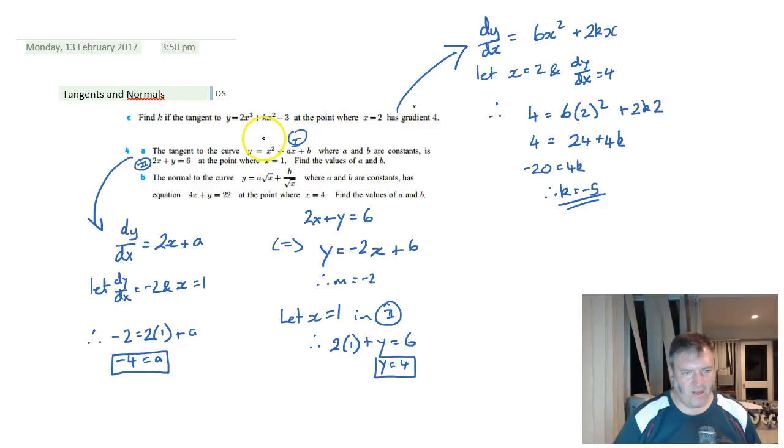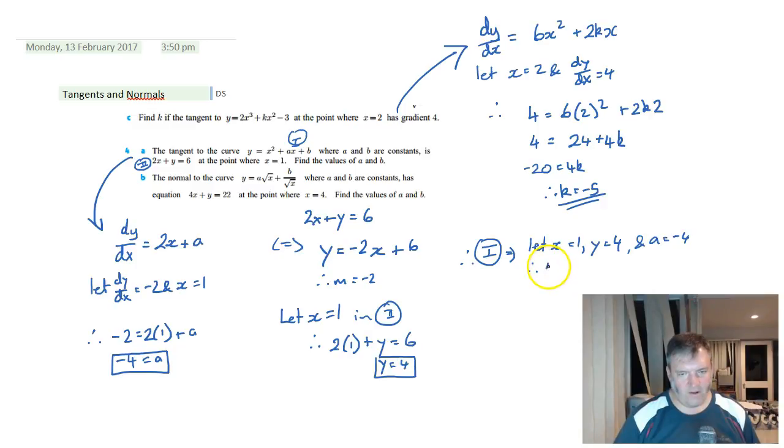I can substitute that information into the original equation 1, and together with a equaling negative 4, solve for b. So equation 1 is going to become, what am I going to do? I'm going to let x equal 1, y equal 4, because I know that's the point of contact, and I've already figured out a is equal to negative 4.